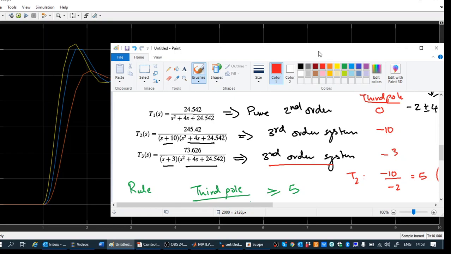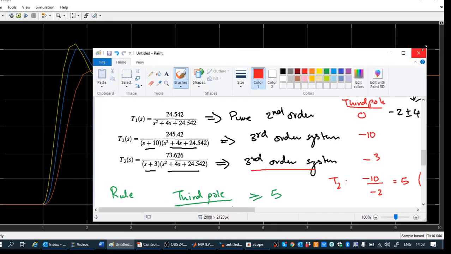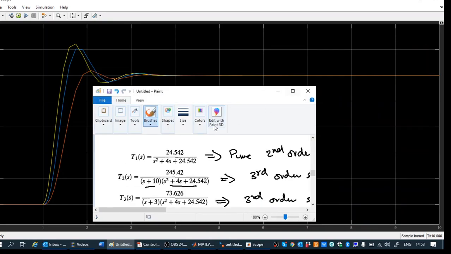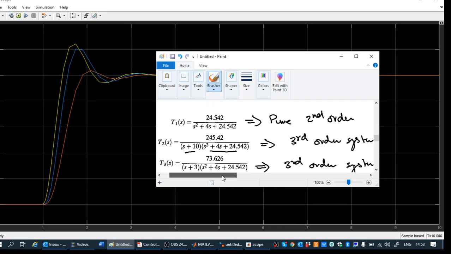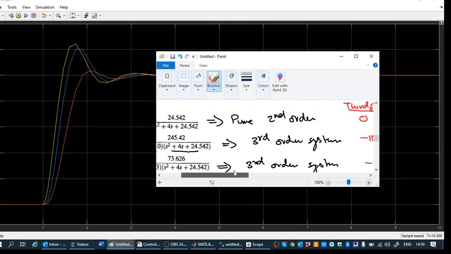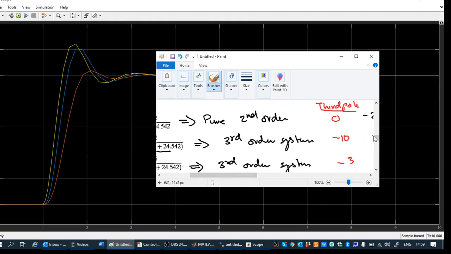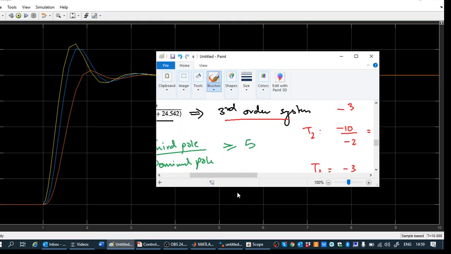If you have a look here, if you see the values, you see that T1 is a pure second order system, while T2 was a third order system to start with, but we could equate that with the rule.